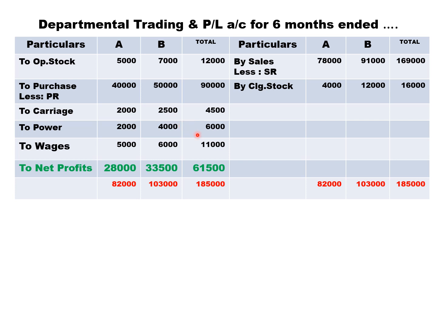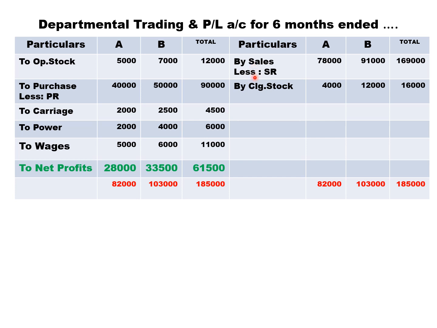Next we need to distribute the power. The total power is 6,000 to be distributed in 1:2 as given in the question, so you get 2,000 and 4,000. Wages is 11,000 to be distributed in 5:6: 5,000 and 6,000.